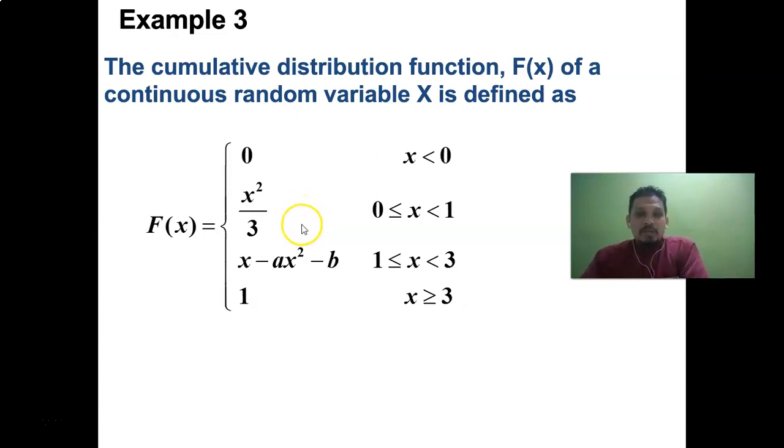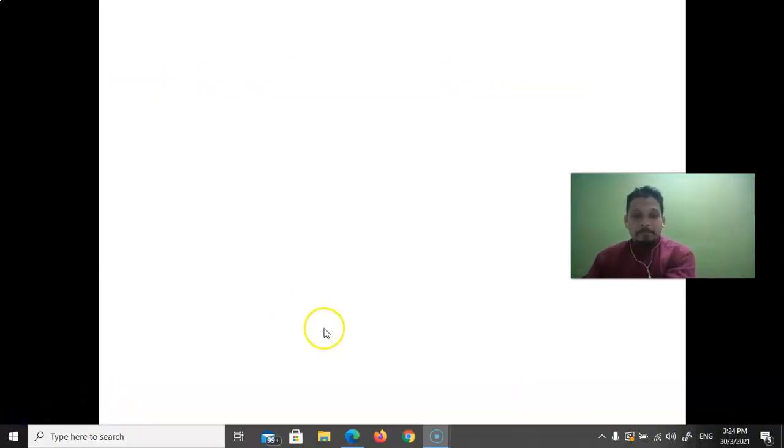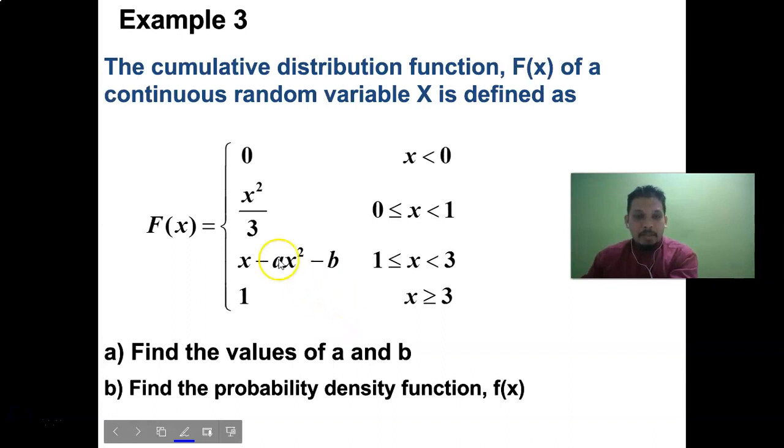Now the cumulative distribution function F(x) of a continuous random variable is defined as this one here. Find the values of a and b and find the probability density function of f(x). I'm going to rewrite this here.